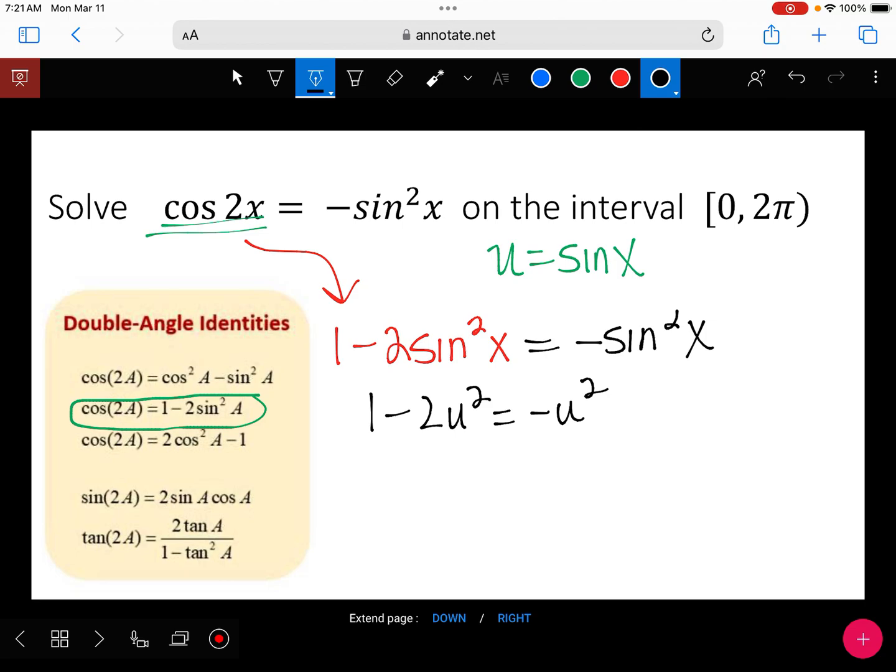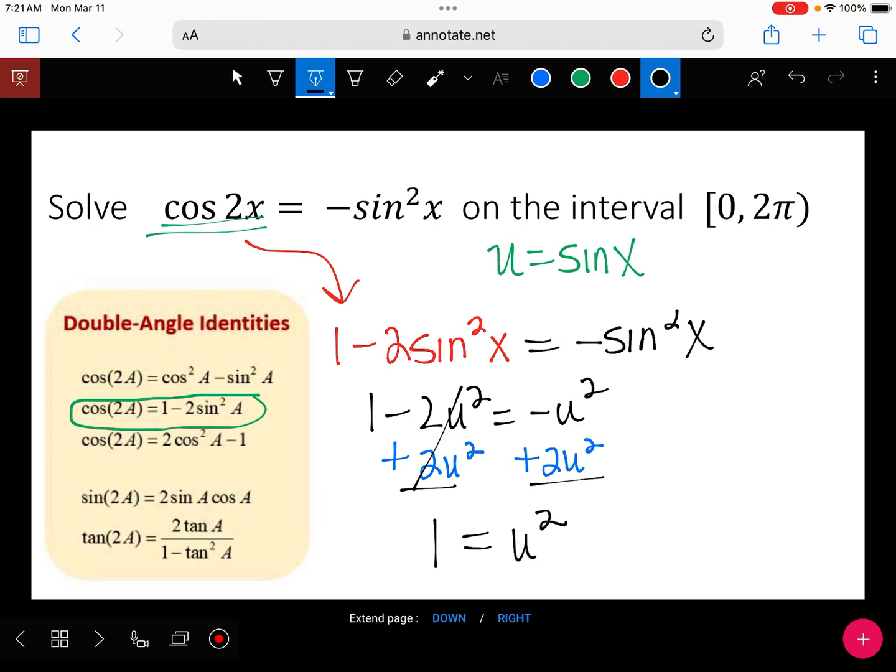And doing that substitution again is always optional. So I'm going to add that 2u squared over, which will give me 1 equals what? u squared.